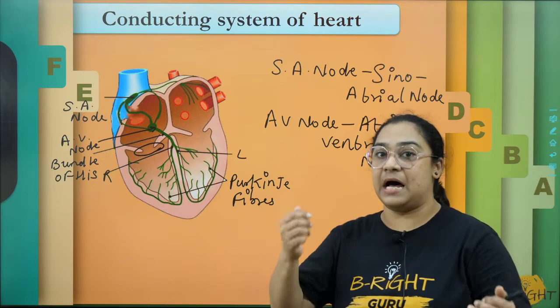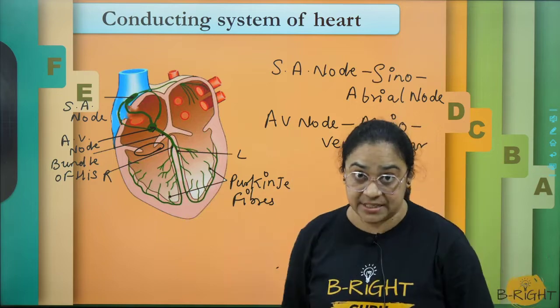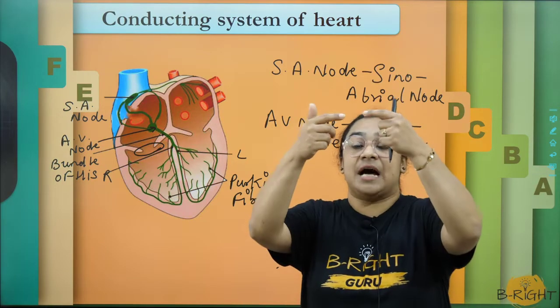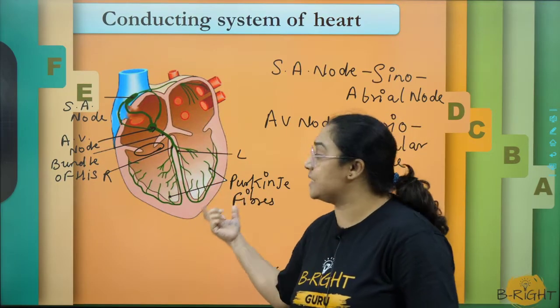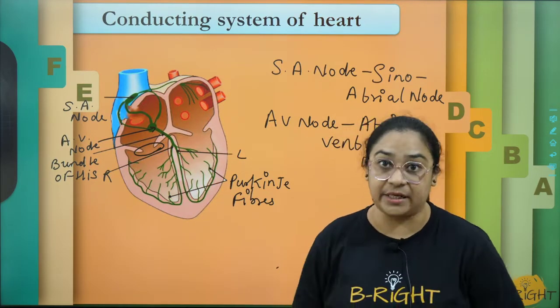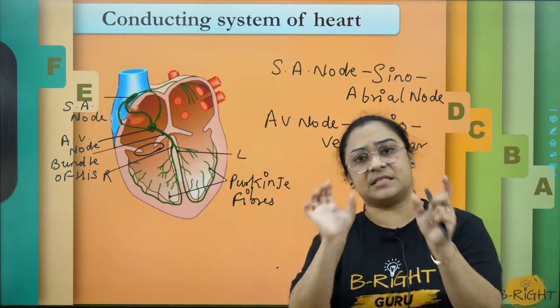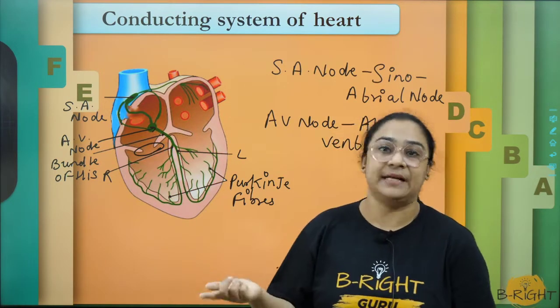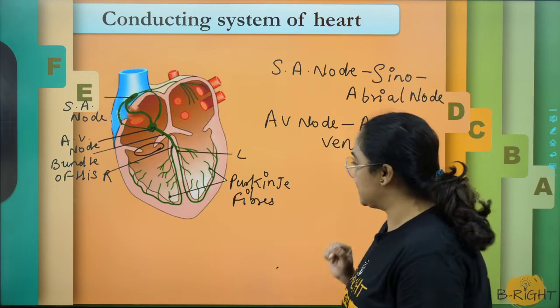Purkinje fibers are the fibers which are branching out from the bundle of His and are present in the walls of the ventricles. जब आप ventricles लिखोगे तो it is quite understood that you are talking for both left and right वाला part, right?